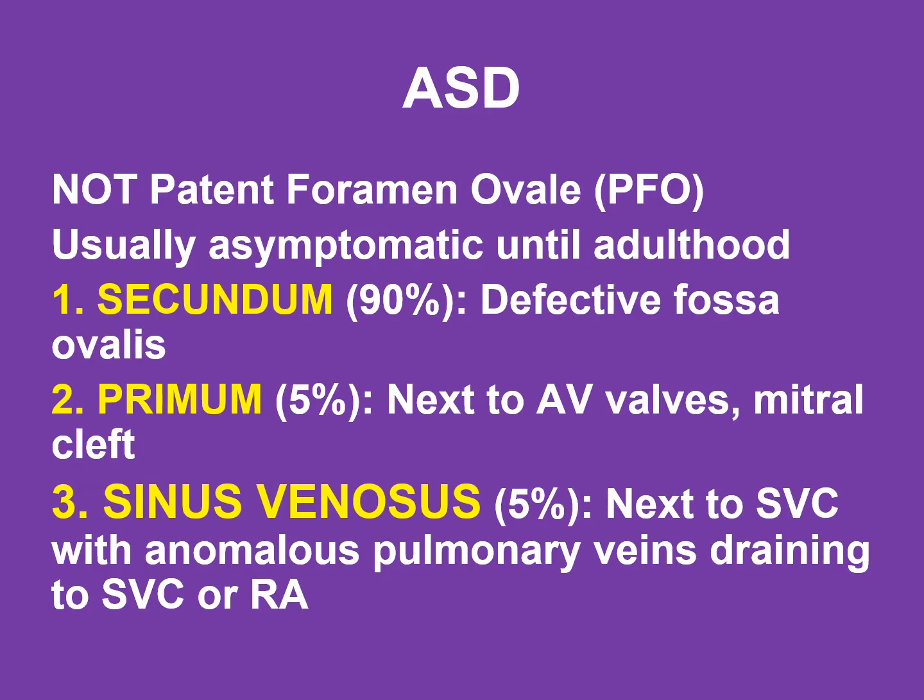Your ASD is different from your patent foramen ovale. As the name implies, there's a defect in your atrial septum. It is usually asymptomatic until adulthood and is one of the most common adult congenital heart diseases. It can be a secundum, primum, or sinus venosus, depending on the location of the defects.